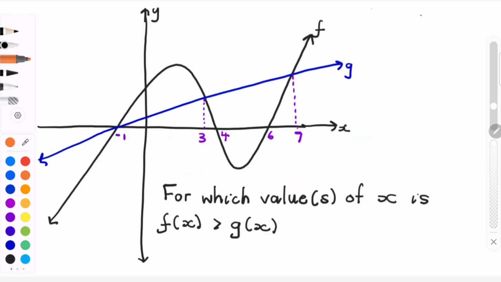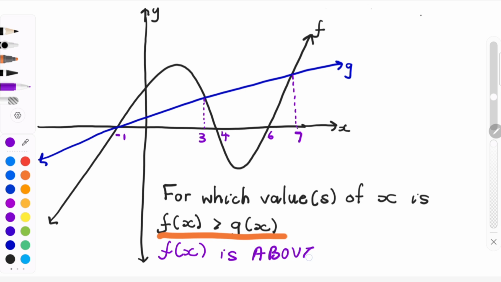Here's another example. We want where f of x is greater than g of x, meaning that f of x is above g of x. So where is f of x above g of x? Over here and over here.